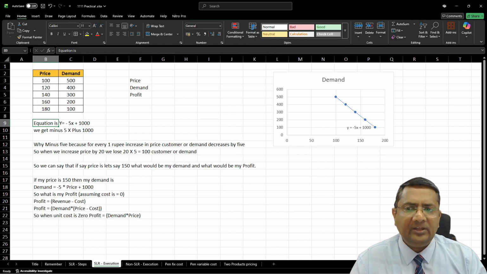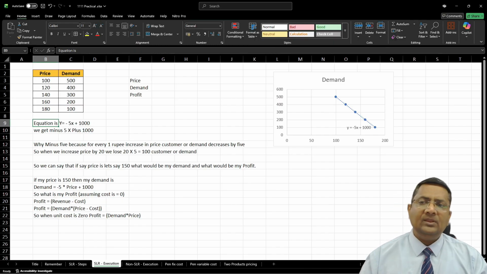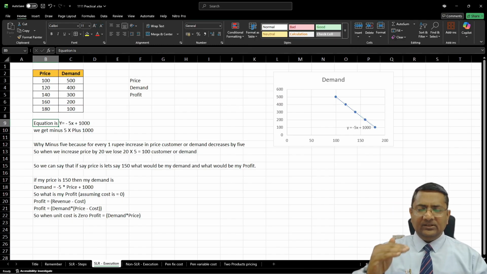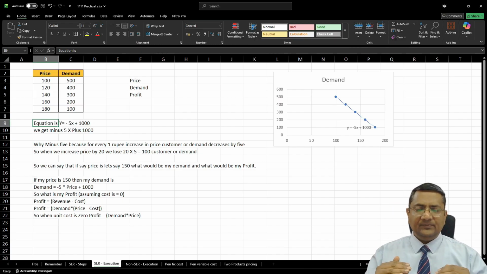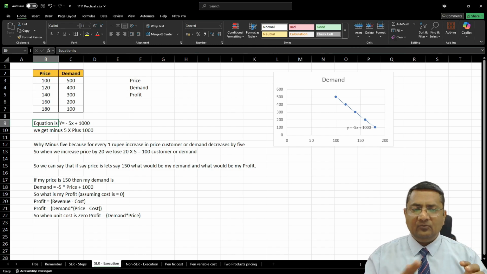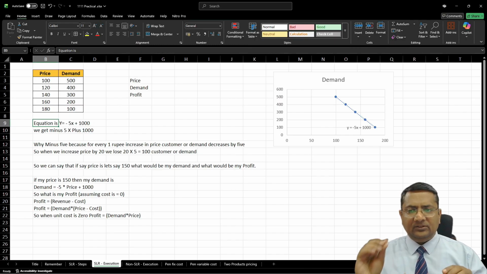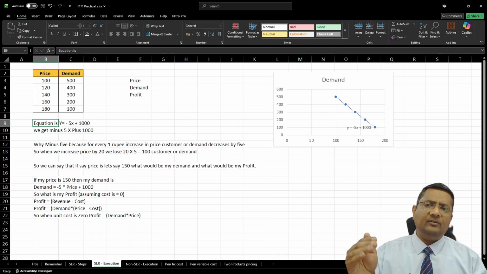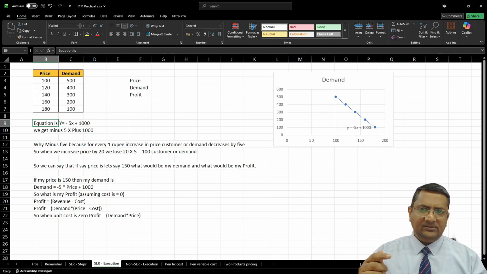Now we get minus 5 here. Why? See, when price is increasing, demand is decreasing. This equation is a demand equation. We are trying to predict the demand, so y is our demand. If we broadly look at this data, for every 1 rupee increase in price, there is a decrease of 5 in demand.